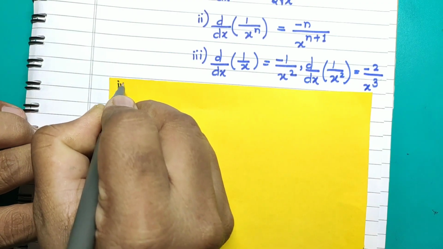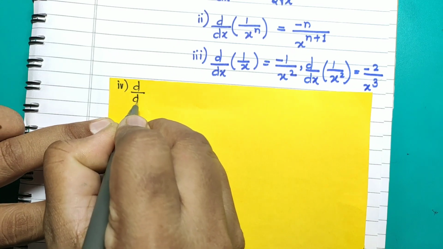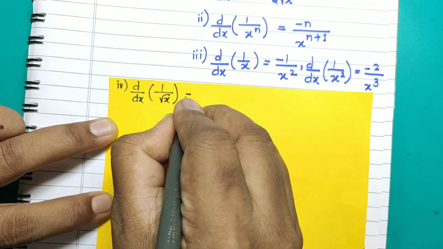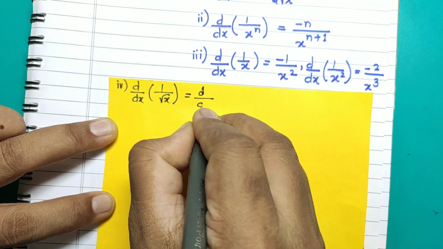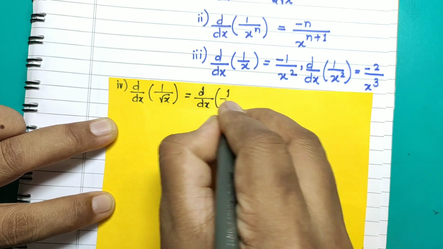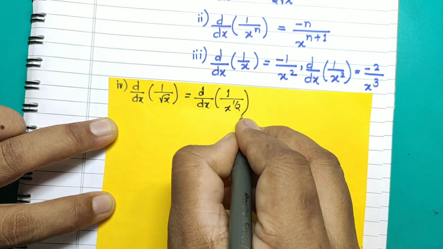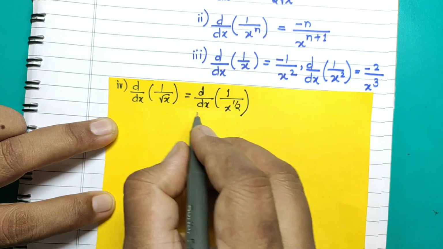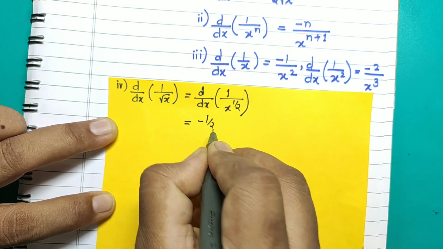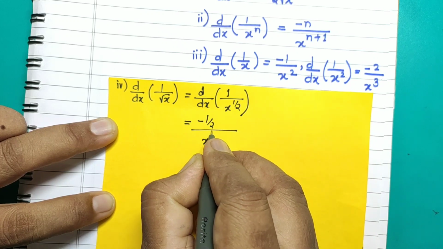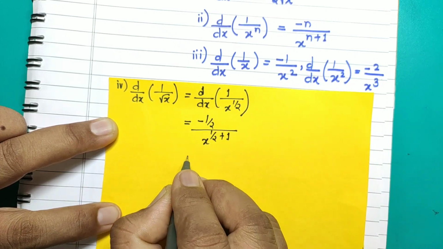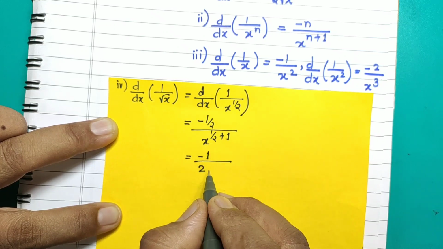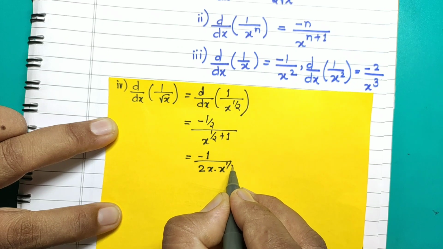Now, fourth subcase, let us find derivative of 1 upon root x. So this is nothing but derivative of 1 upon x raised to half. So substituting n is equal to half in the second subcase, we have minus half upon x raised to half plus 1. So it is minus 1 upon 2 into, we can write it as x into x raised to half.